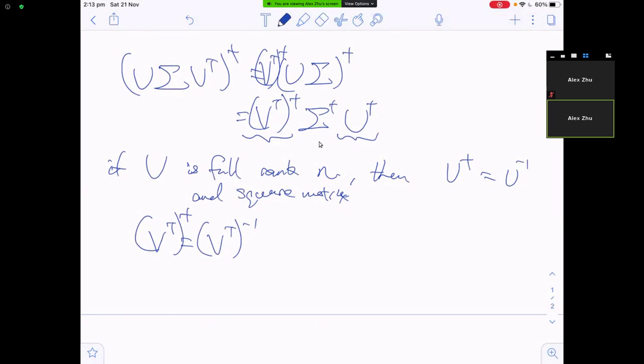Now, for any orthogonal matrix, the inverse is the same as the transpose. So V transpose inverse turns into V transpose transpose, which is V, and U pseudo inverse is just U transpose.